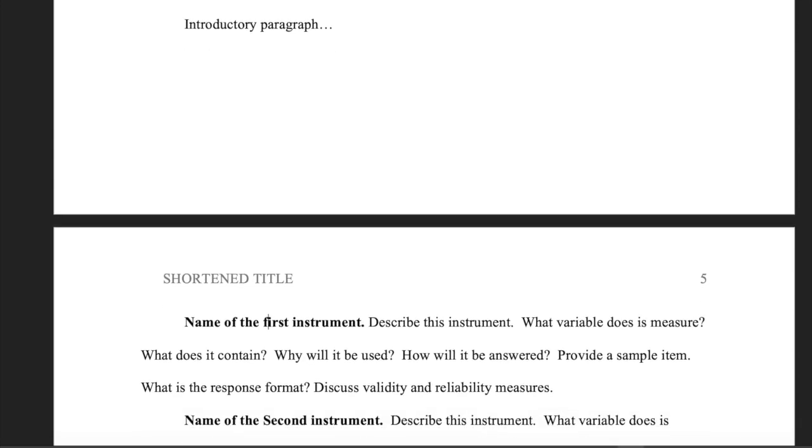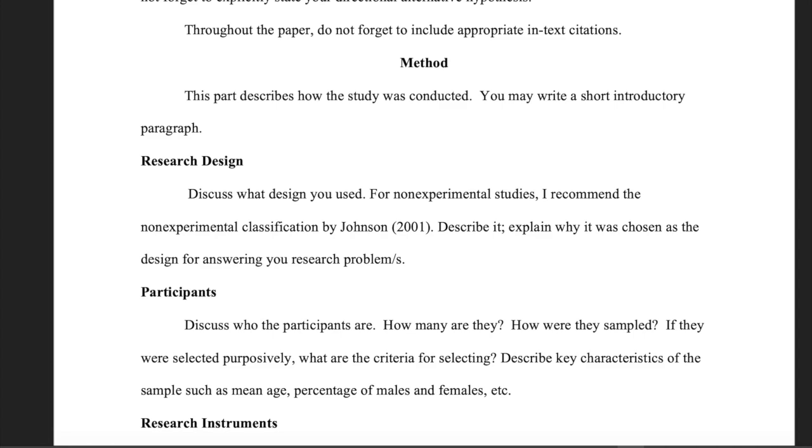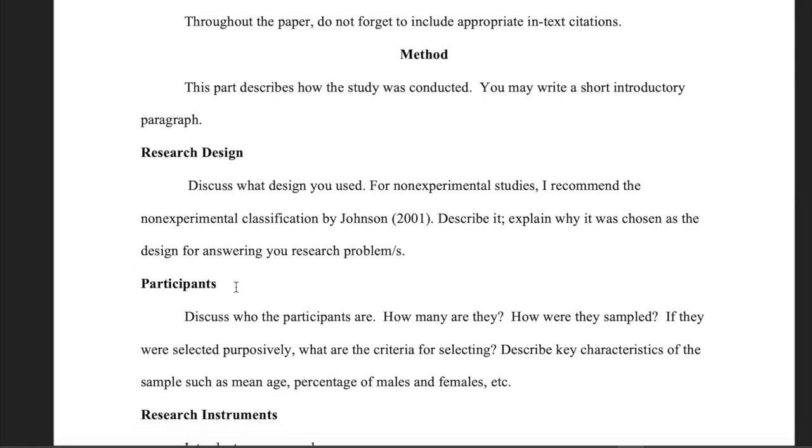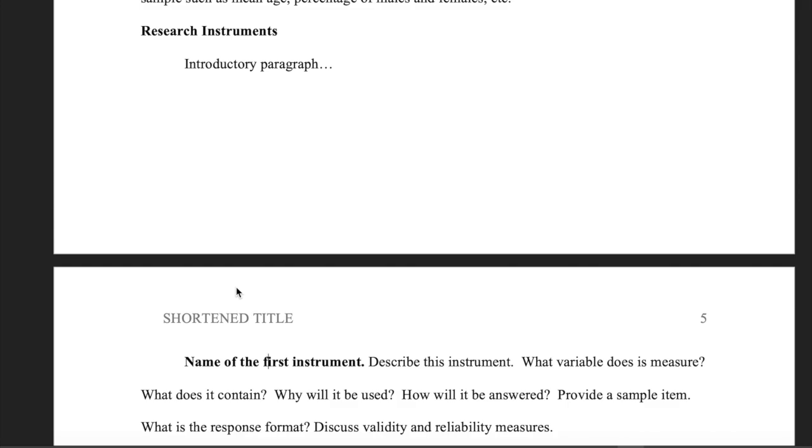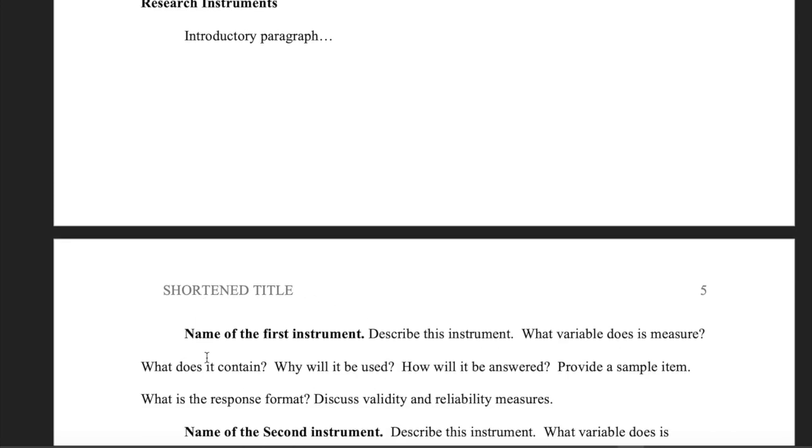So we are identifying this as a first level, a second level heading, and a third level heading.